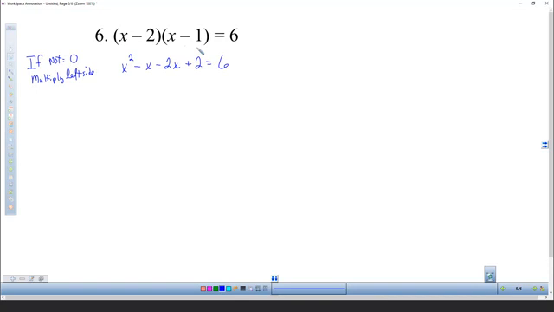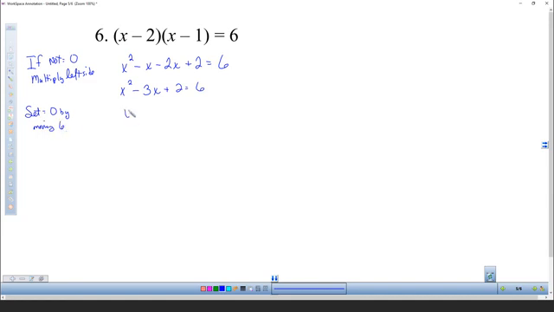So if I have factors and it's not set equal to 0, then I've got to multiply my left-hand side. Those factors do me absolutely no good over there, not equal to 0, okay? So I'm going to simplify this left-hand side. I get x squared minus 3x plus 2 is equal to 6. Now I can move the 6. So now I'm going to set this equal to 0, by moving the 6.